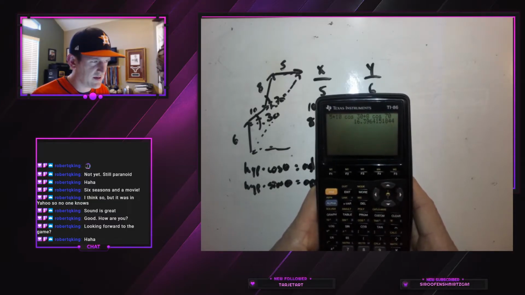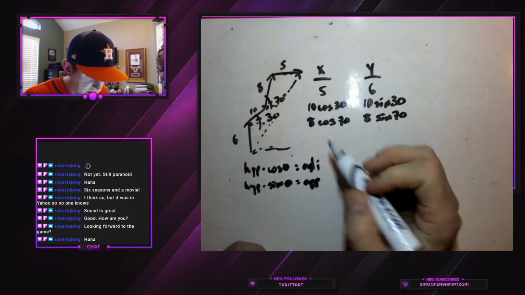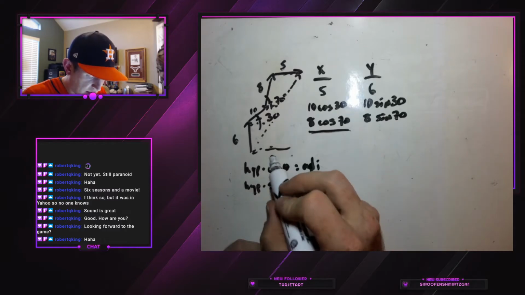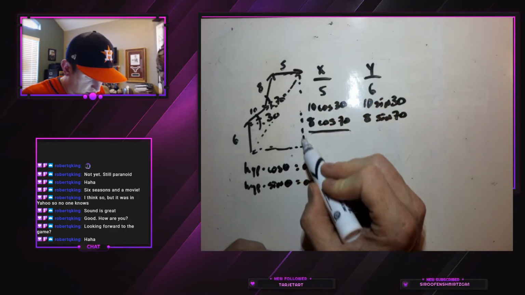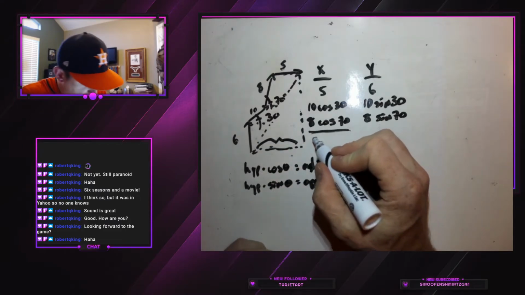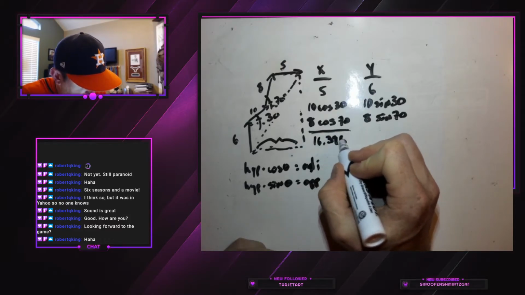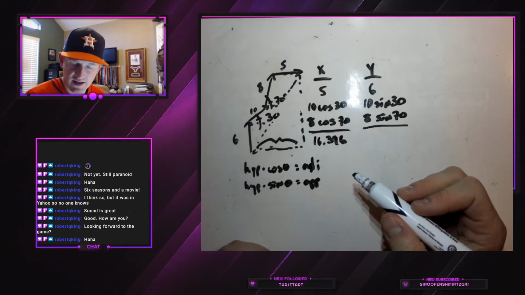And that gives me a length of this side down here, our A side. So this side right here is equal to 16.396. I just don't like to round, so I try to avoid it as much as I can.